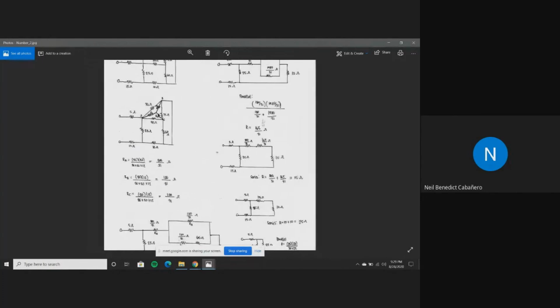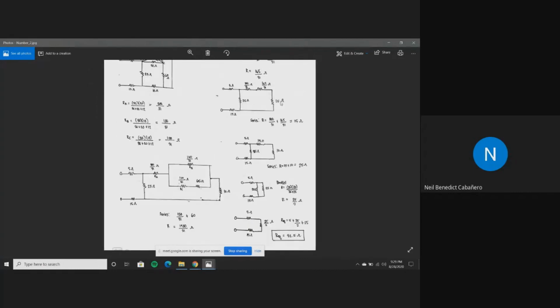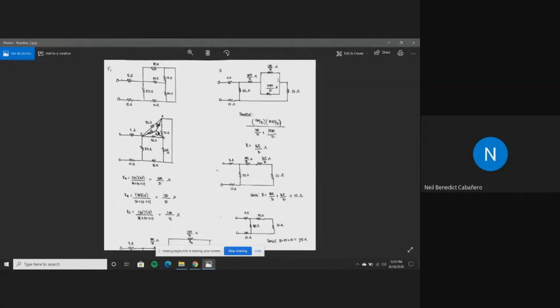Then we redraw the circuit again, which forms like this, from this to this. And in this circuit, we can observe that these two resistors are connected in parallel.